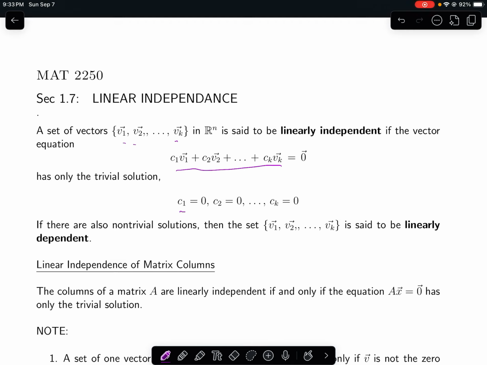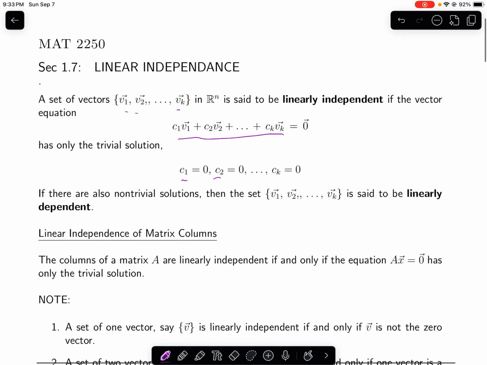What will be the trivial solution? That all these coefficients, or the unknowns c1, c2 up to ck, are zero. Each one of them is a zero. If there are also non-trivial solutions, then the set of vectors from v1 to vk is said to be linearly dependent.